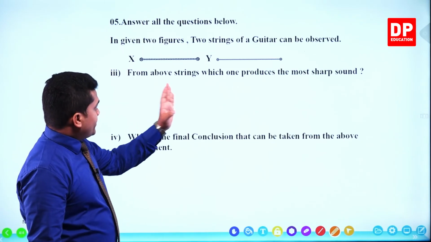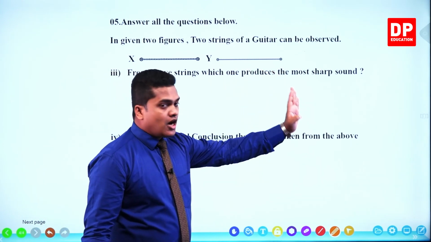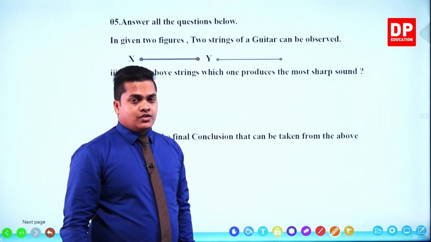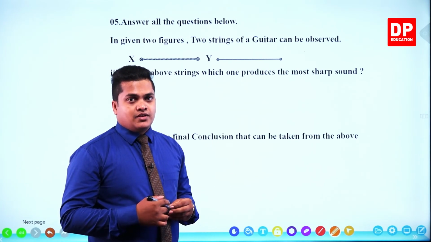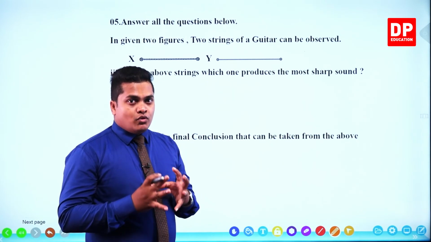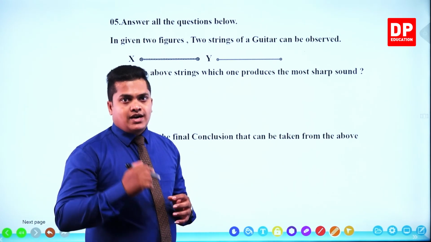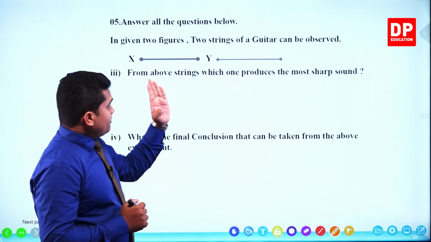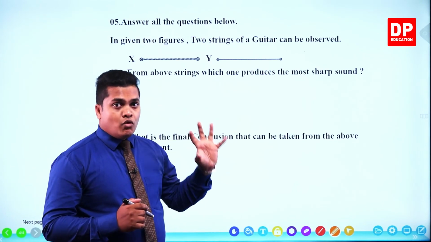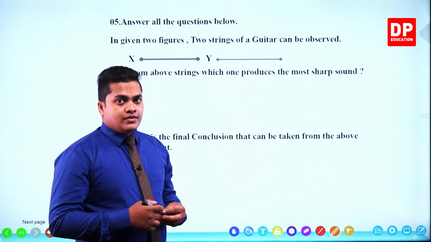From the above strings, which one produces the sharpest sound? That answer is also obvious to us. A sharper sound is produced when the frequency is high. So select the string which produces more frequency when it vibrates.